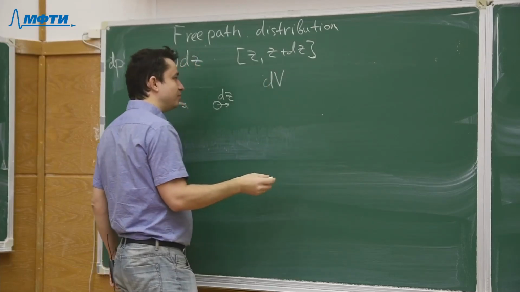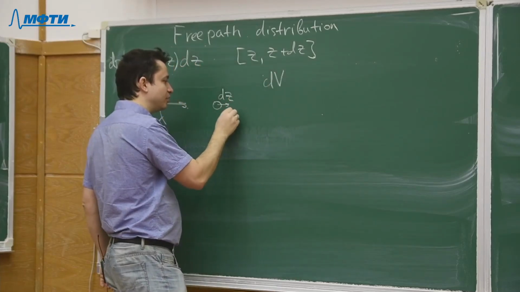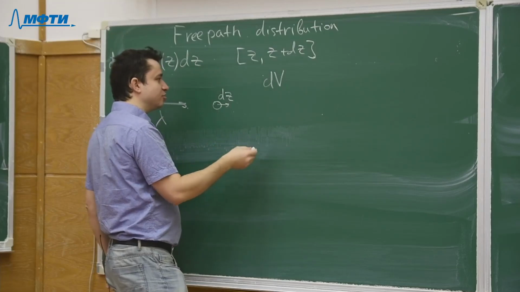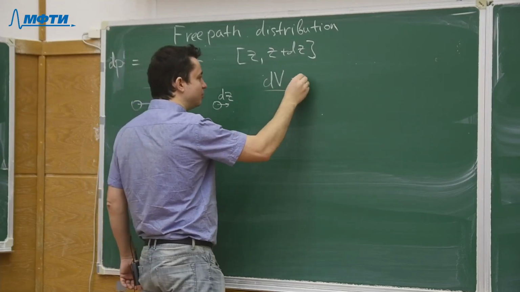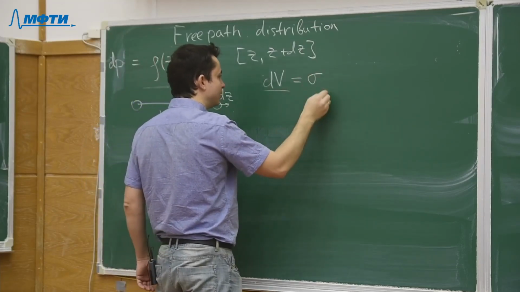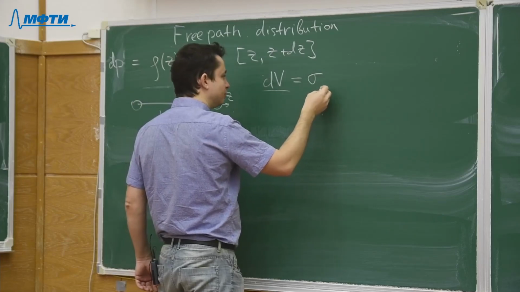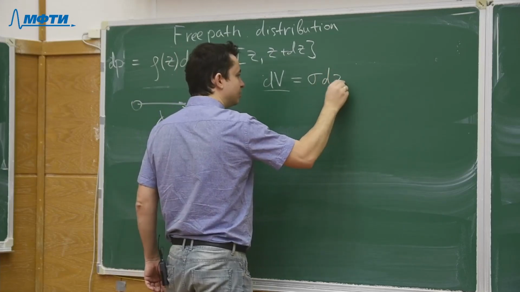That's the probability for another molecule center to appear inside a very small element of volume, which is given by the multiplication of the collisional cross-section by this dz.